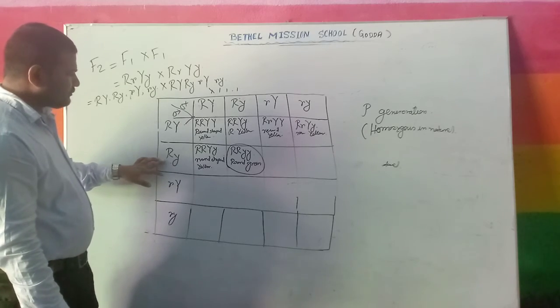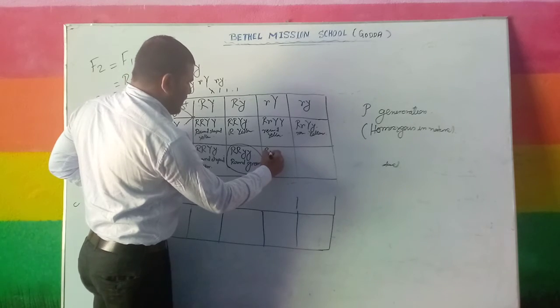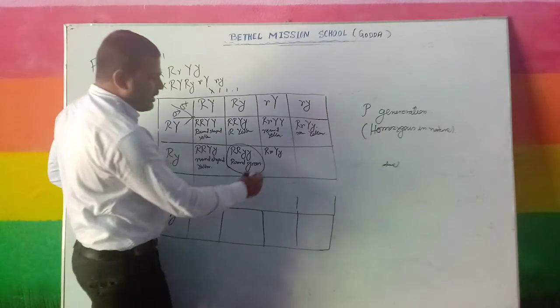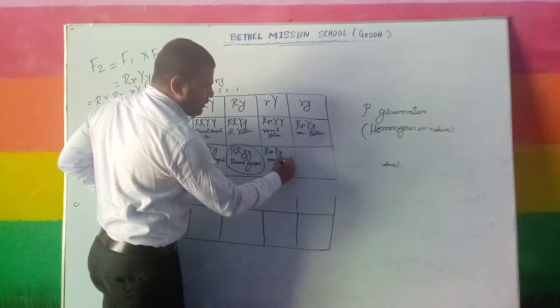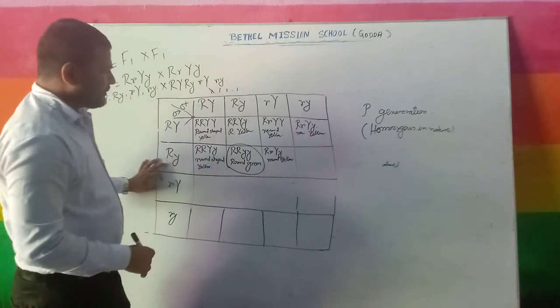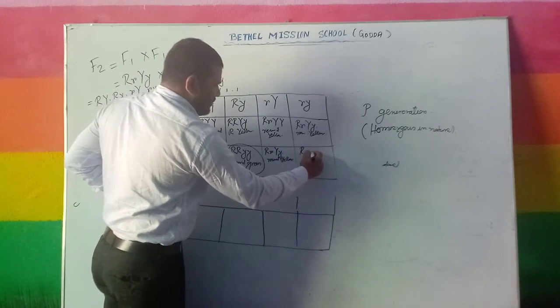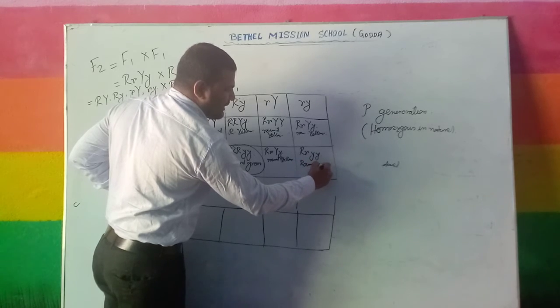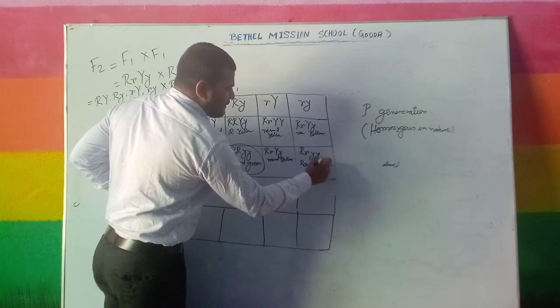Now next, these are going to fertilize this one: capital R, small r, capital Y, small y. This one is also round, and small y for green color, or capital Y for yellow color, round yellow. Clear? Now this one, capital R, small y, small y. It is also round shaped, small y for the green color. So round green.